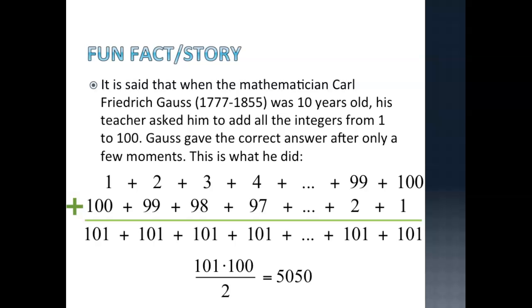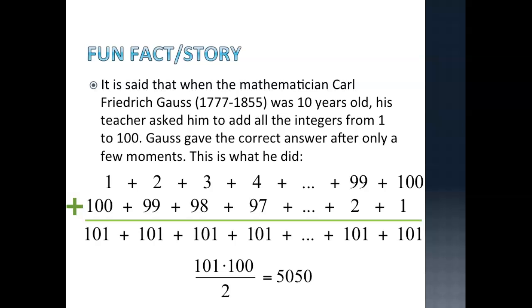The first term plus the 100th term. The first term is 1, the 100th term is 100, so 101. So you can see how this is a way to show why that formula that we just wrote down and are using works.